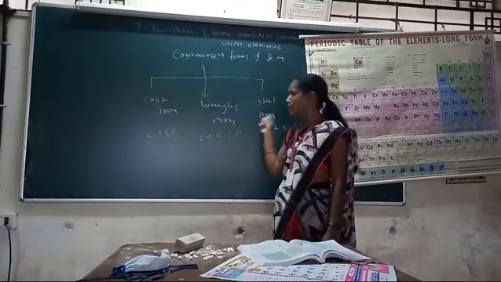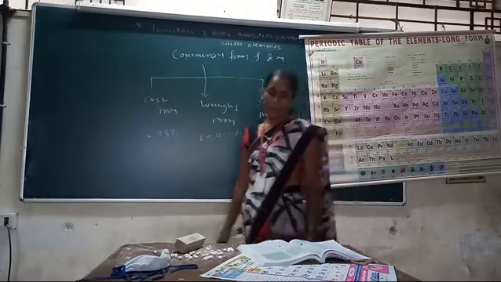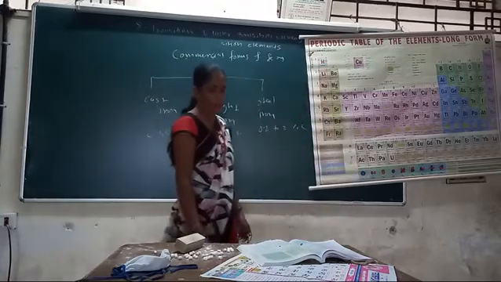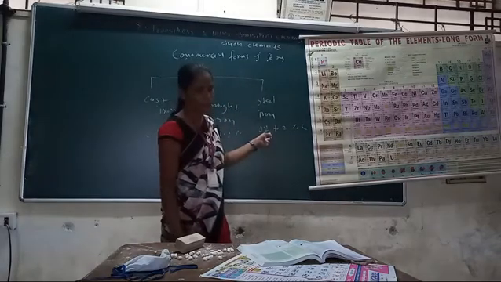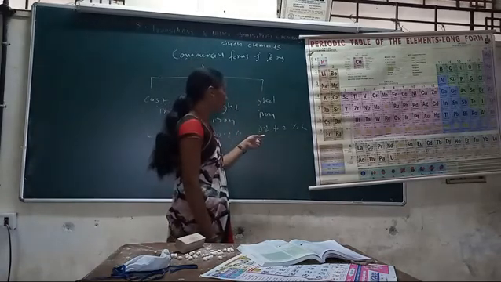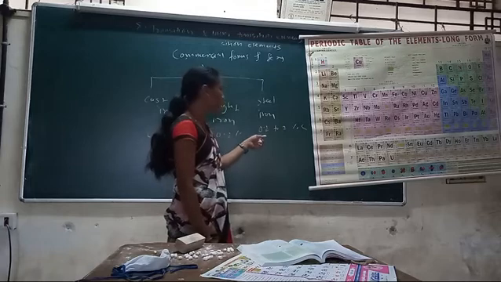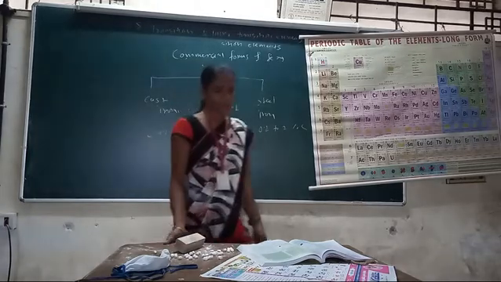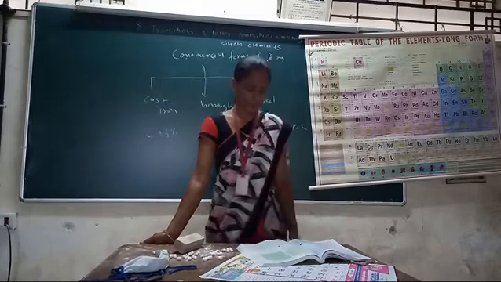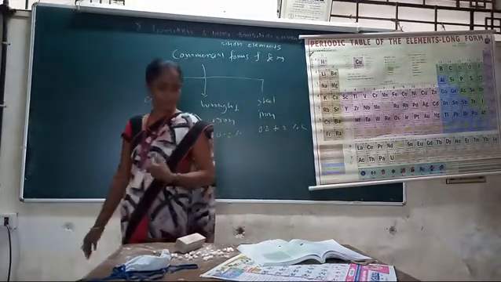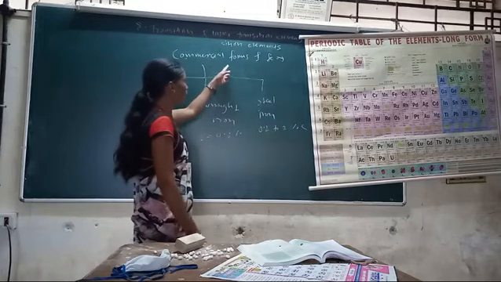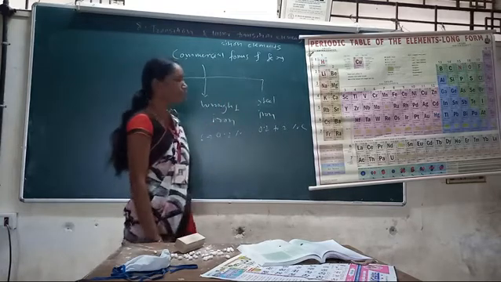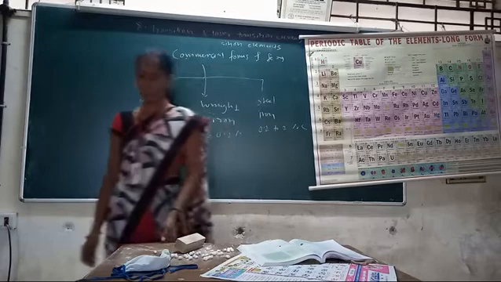And last is steel. Steel is used in building infrastructure, also used in ships, automobiles, and making weapons due to its strength. These are the three types of commercial forms of iron.